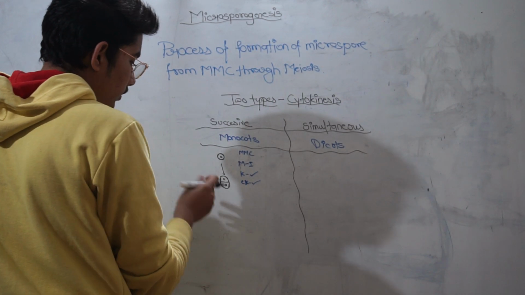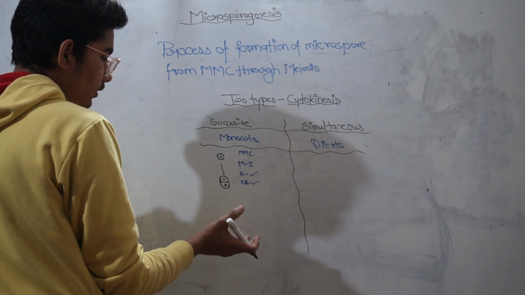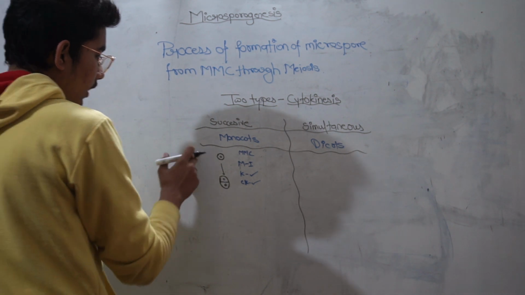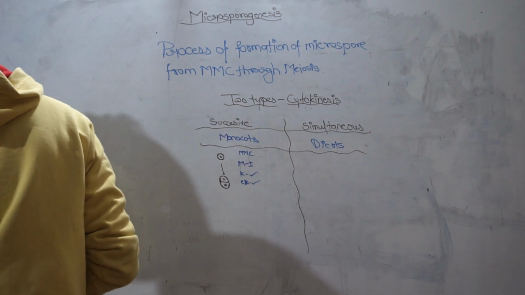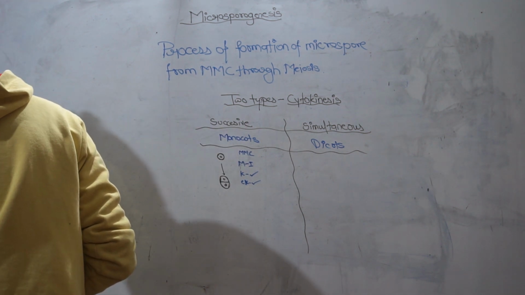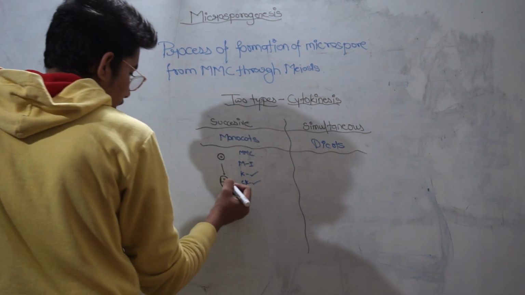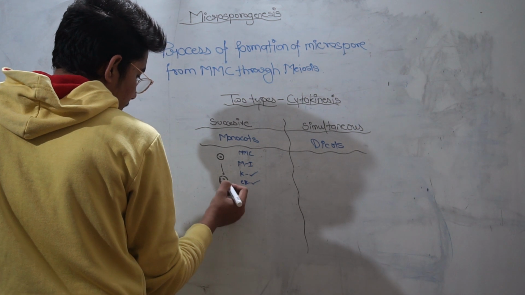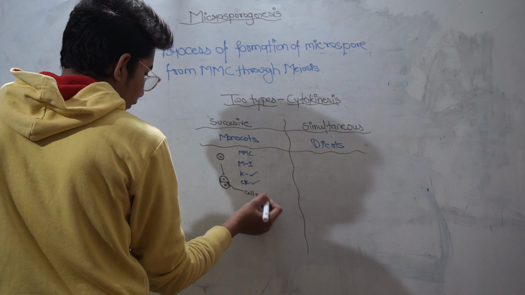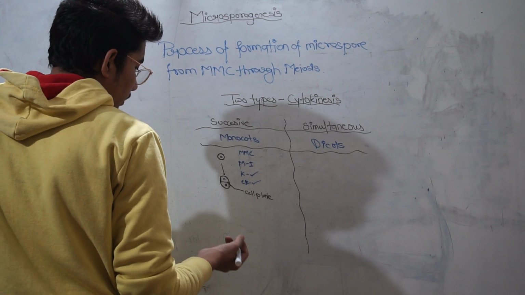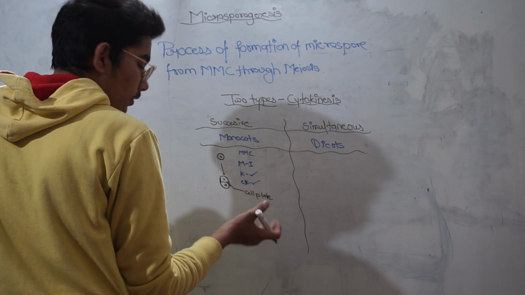So this results in the division of this microsporic mother cell into two cells, and this plate is known as the cell plate, which divides the cell into two parts.